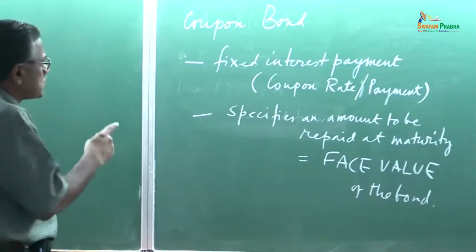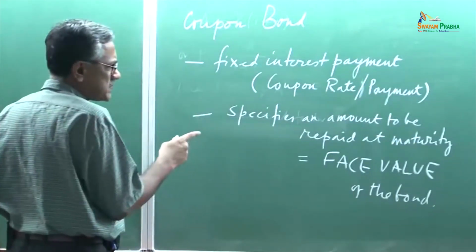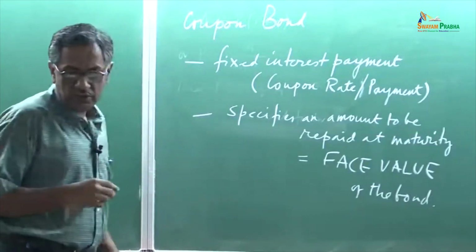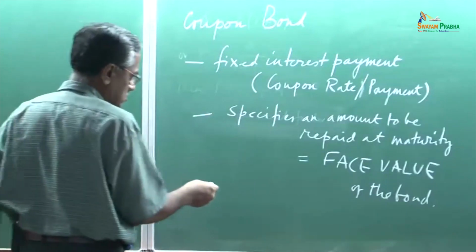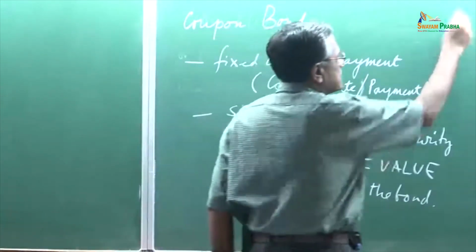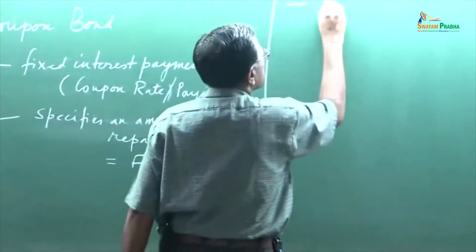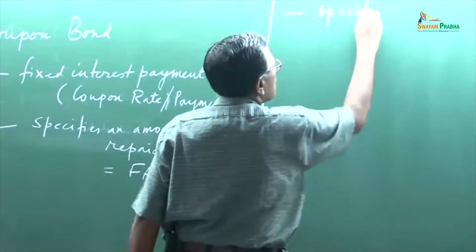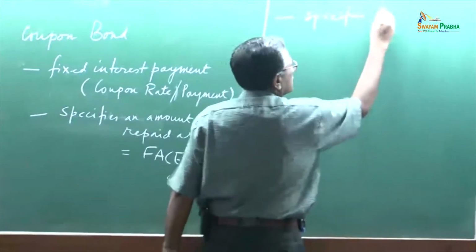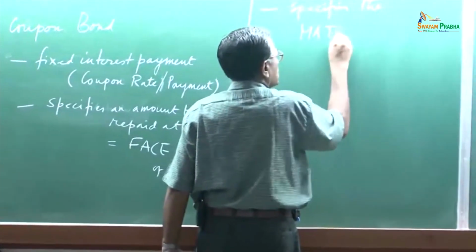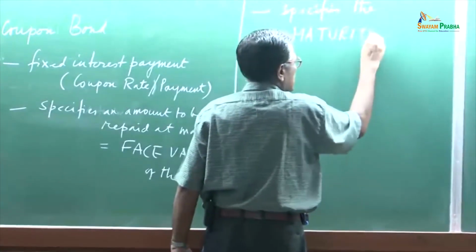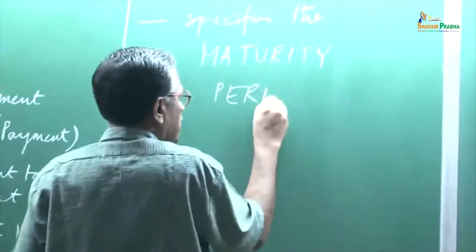Another thing which I should have mentioned: a coupon bond specifies a fixed interest payment and an amount to be repaid at maturity. There is another thing that is always mentioned, that it specifies the maturity period. So it is a 5-year bond, or a 10-year bond, or a 20-year bond. It's on the bond paper.